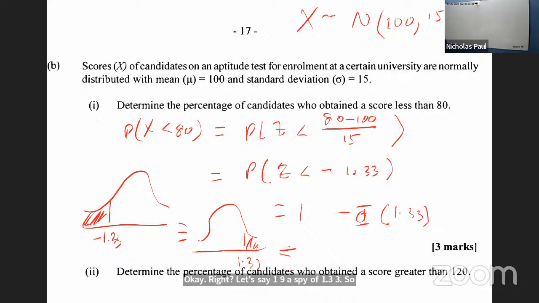Is it 1.333 or 1.33? Okay, all right. Go to the table, there you go.